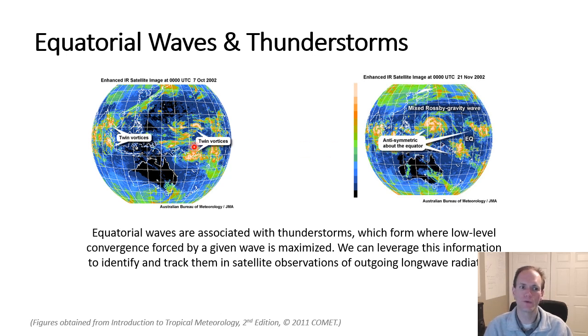How frequently would we expect the thunderstorm signals associated with these waves? What scale would we expect to see them on? And so on and so forth. That information can be used to help identify them through archived as well as real-time satellite data, as well as model outputs that look a lot like satellite data as well.